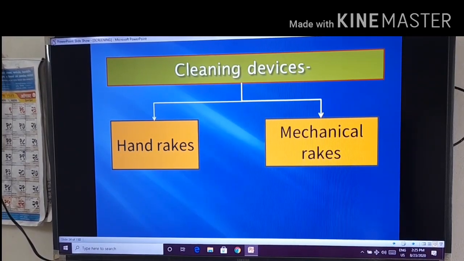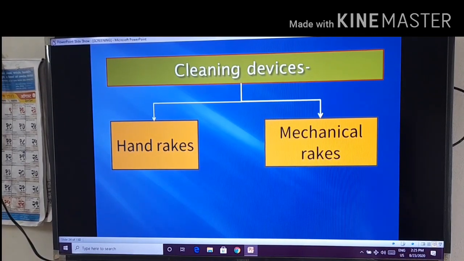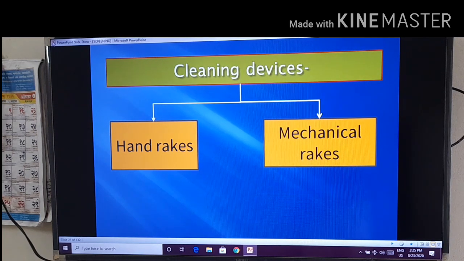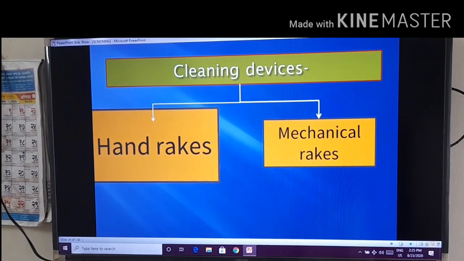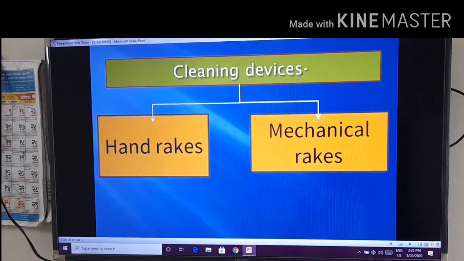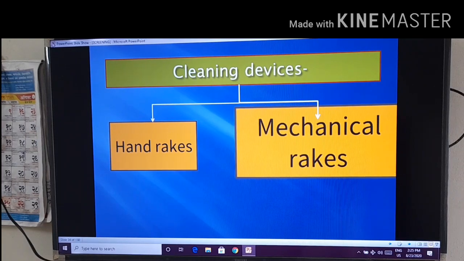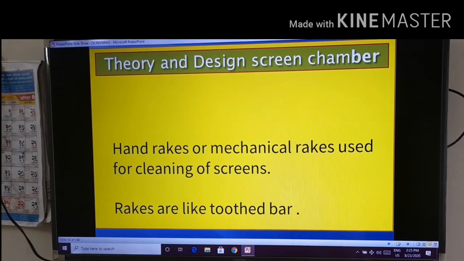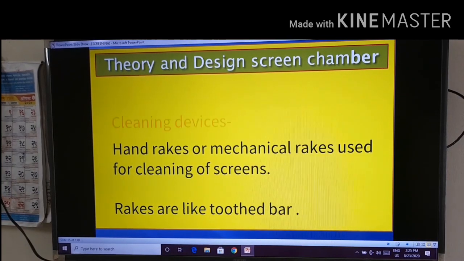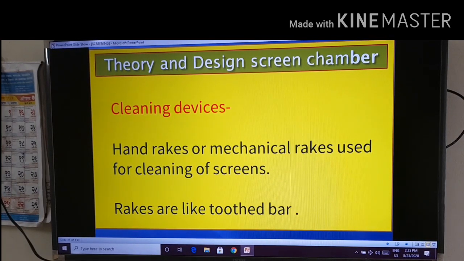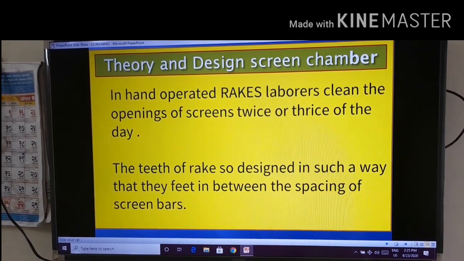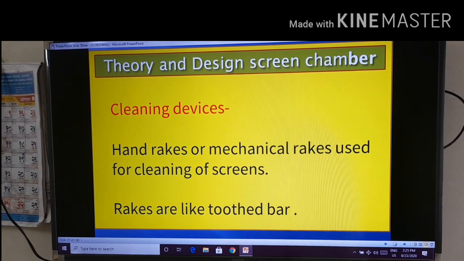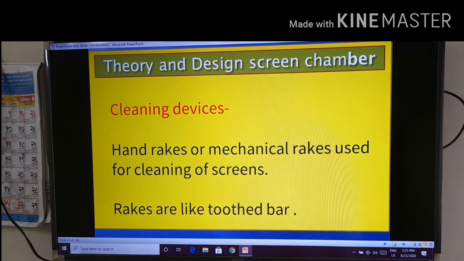Cleaning devices. In screening, cleaning devices are provided. First, hand rakes, and second, mechanical rakes. Next, in this theory and design of screen chamber, cleaning devices, what are they? Hand rakes and mechanical rakes are used for cleaning of screens.